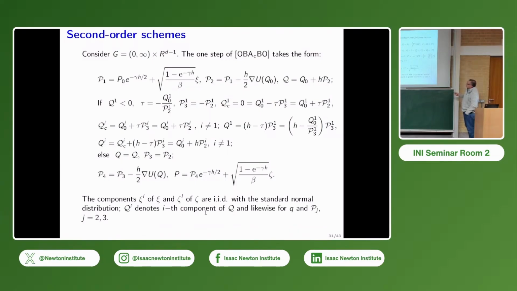In this case, the collision part is very easy, because collision happens when Q1, the first coordinate of the position, goes negative. I can compute tau exactly, and my new P is just changing the sign of the first coordinate in P.